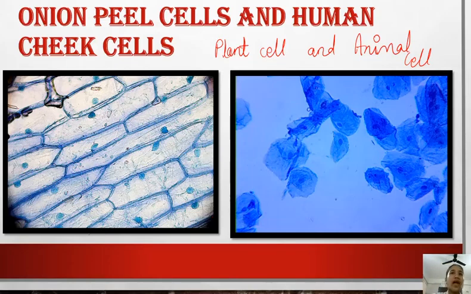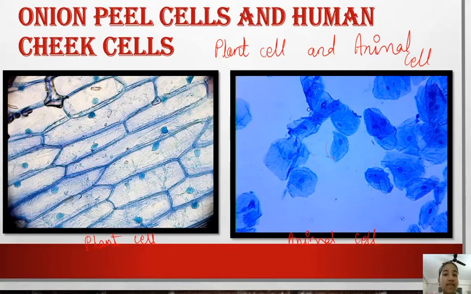So I've shown you this diagram to tell that the onion peel cell is a plant cell and your human cheek cell is your animal cell. You can visualize and see that these two are quite different from each other. Over here I hope you can notice a boundary kind of thing, but here you won't notice that thick boundary.